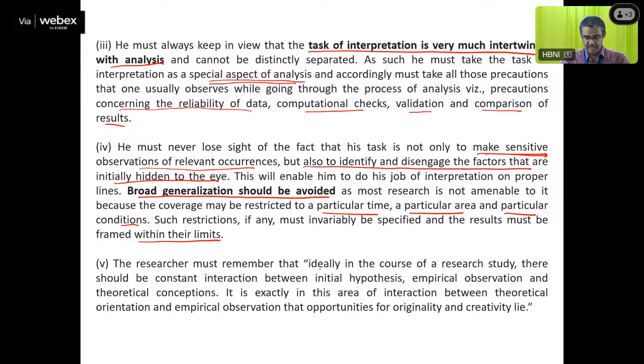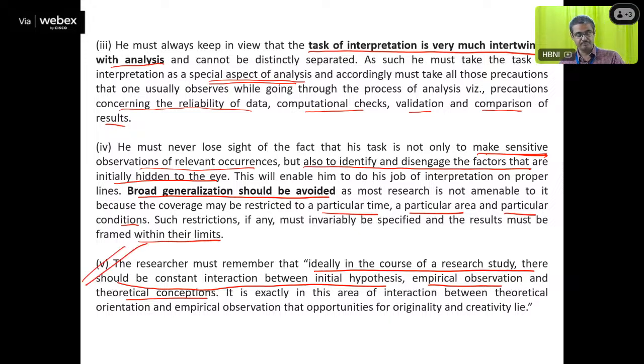The researcher must remember that ideally, in the course of a research study, there should be constant interaction between initial hypothesis, empirical observation, and theoretical conception. It is exactly in this area of interaction between the theoretical orientation and empirical observation that opportunities for originality and creativity lie. So this is very, very important.